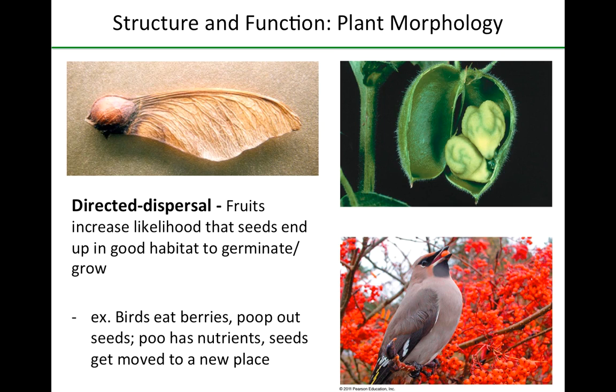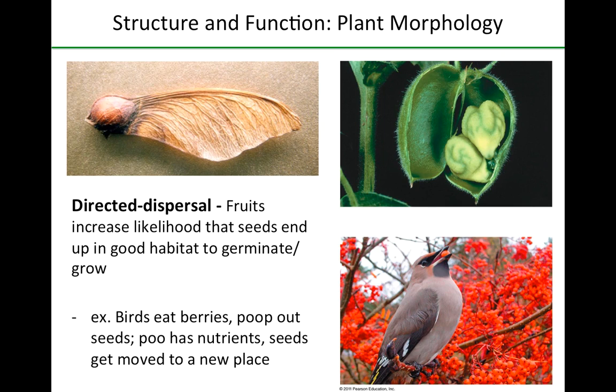If you've ever seen maple seeds dropping from trees, you can watch them whirl down. Having this appendage, which is a version of a fruit, helps this seed end up further away from its parent, which reduces competition between parents and offspring. So this is not a fruit that relies on animal dispersal, but it's helping the seed disperse nonetheless.